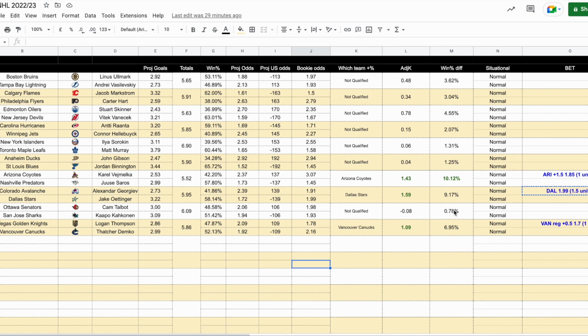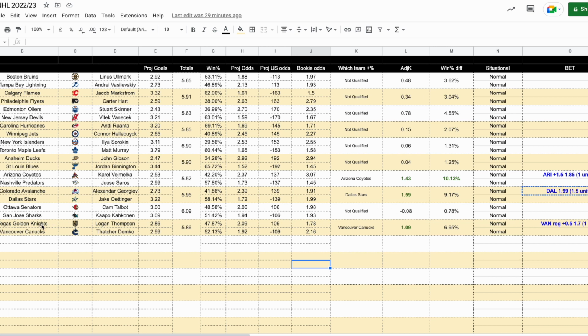When you see the win difference, this is the difference between my projected line and the bookmakers' no-vig line. I simply calculate probabilities from the offered odds, turn them into no-vig probabilities or fair odds if you like, and then I subtract their numbers from my numbers. So this is still not a qualified bet.